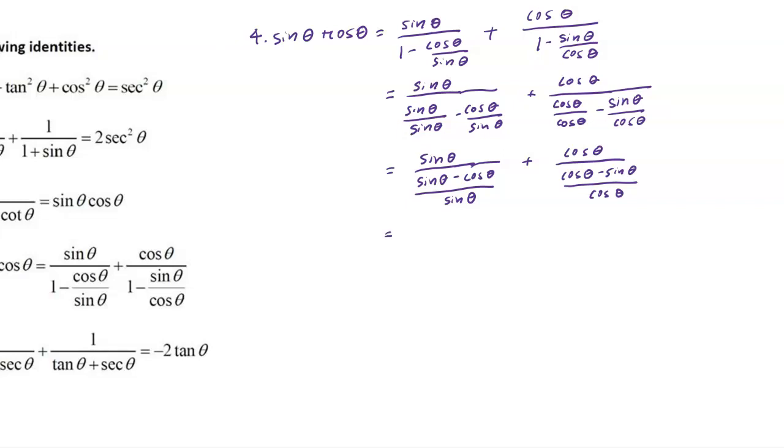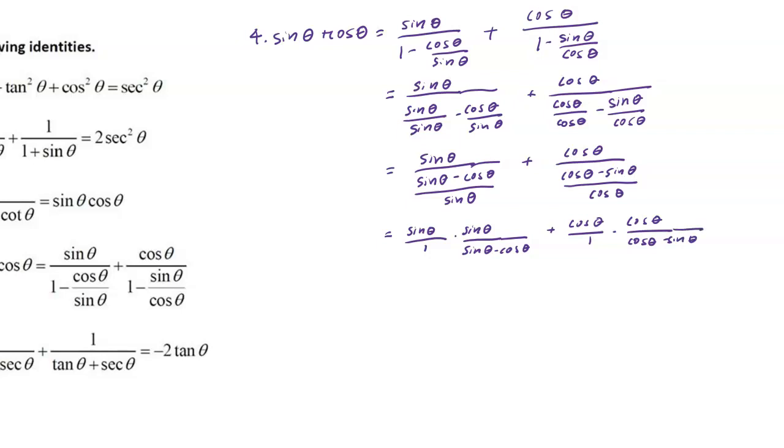And then we have, so I'm going to write this out if you guys are still having trouble doing compound fractions. You take the reciprocal of the denominator, so sine of theta over sine of theta minus cosine of theta, and cosine of theta over 1 times the reciprocal of the denominator, cosine of theta minus sine of theta.